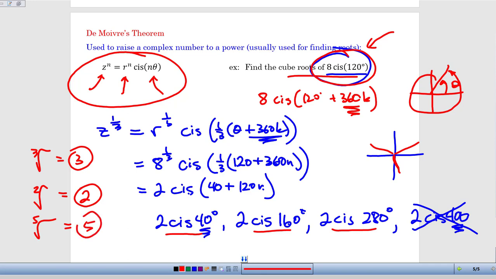We don't have to worry about this plus 360k if we're raising a complex number to an exponent larger than 1. So if we're squaring it or raising it to the 3rd power, to the 4th power, we don't have to worry about this extra plus 360k. We can just use the n times whatever the angle is.